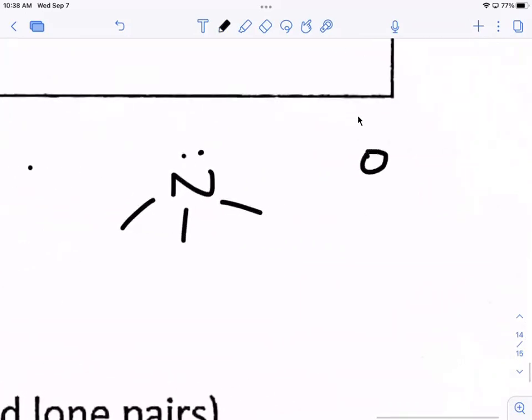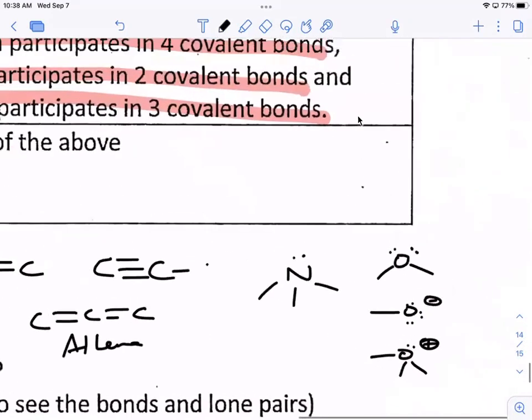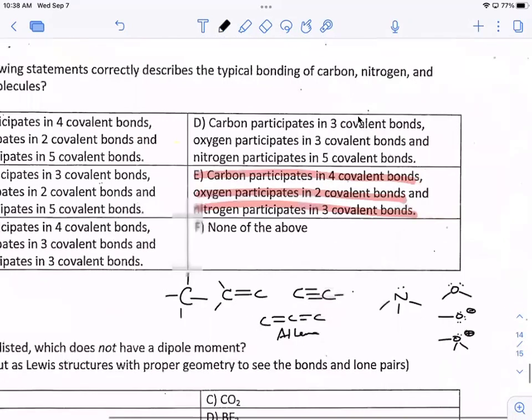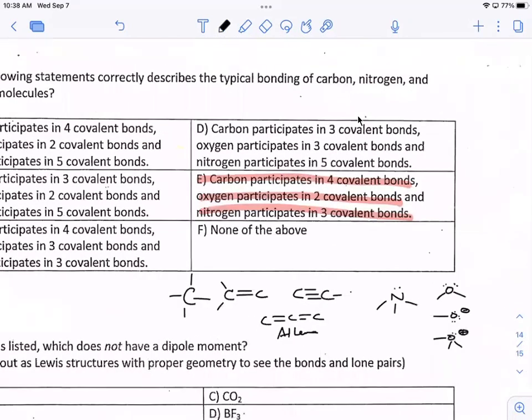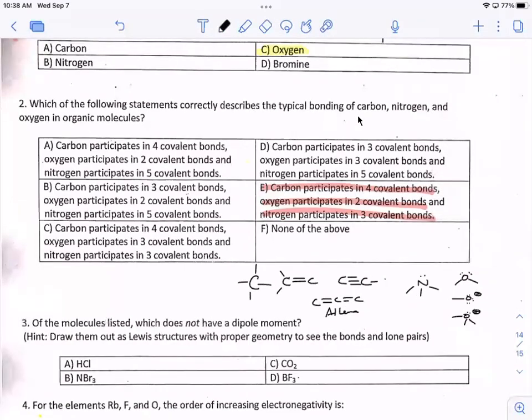And then oxygen, under normal circumstances, will have 2 bonds and 2 lone pairs. But it can also have 1 bond and 3 lone pairs, or 3 bonds, 1 lone pair, and a positive charge. But in general, oxygen is going to have 2 bonds, carbon is going to have 4 bonds, and nitrogen is going to have 3 bonds.